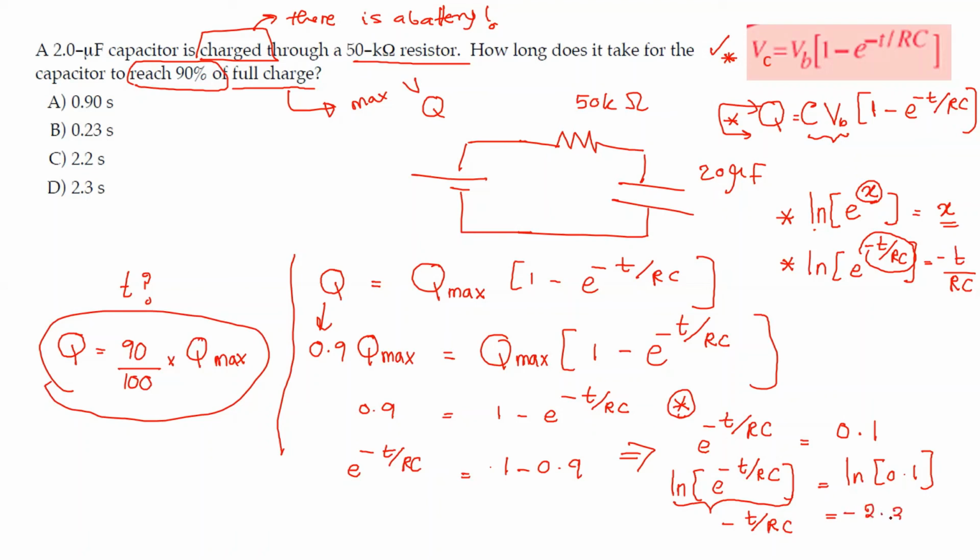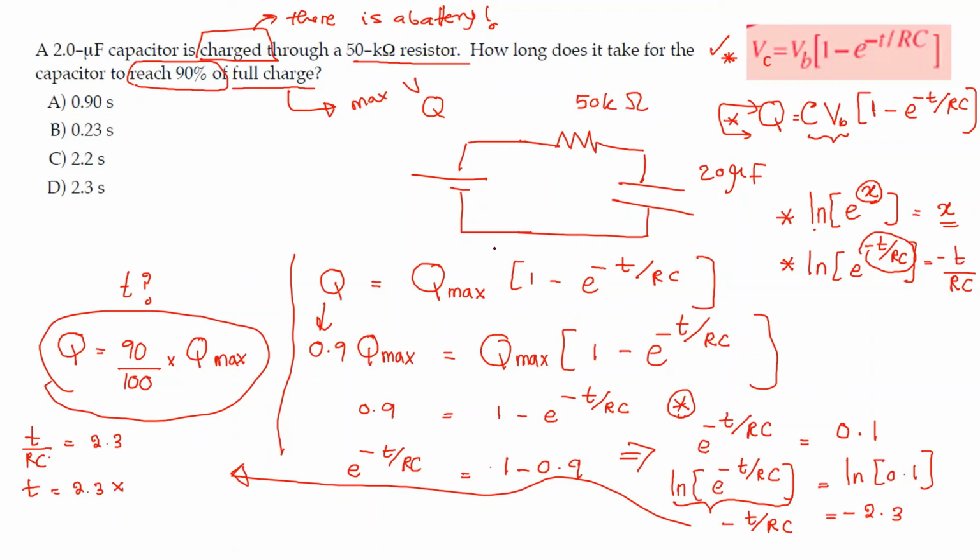So this is what I got. Since I don't have much room, I will do the rest on this side. So the negatives get cancelled. So we are left with t over RC equal to 2.3. So your t will be 2.3 times R times C.